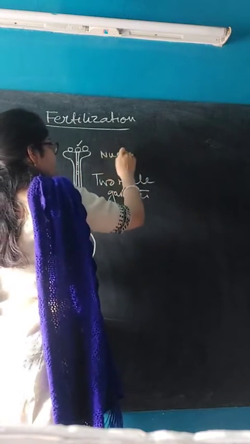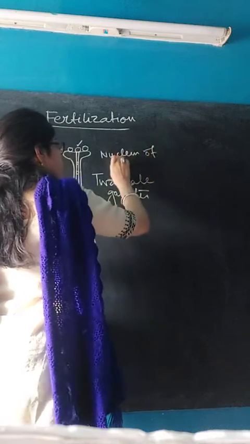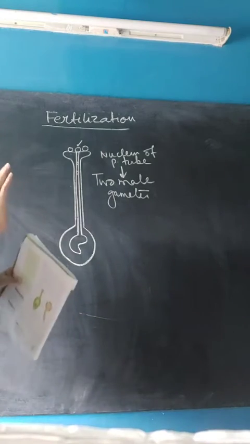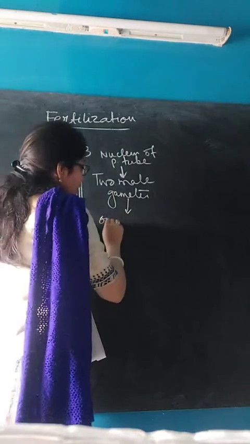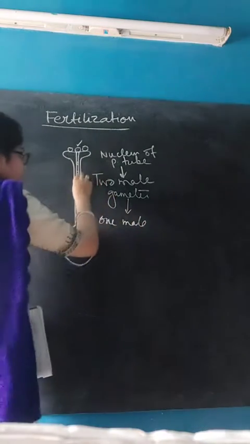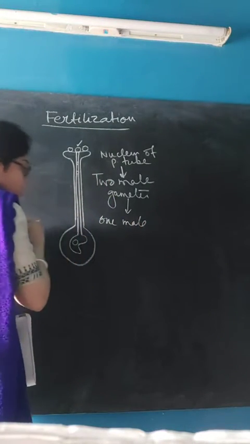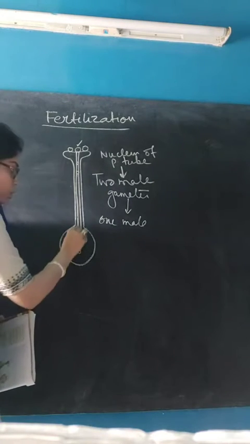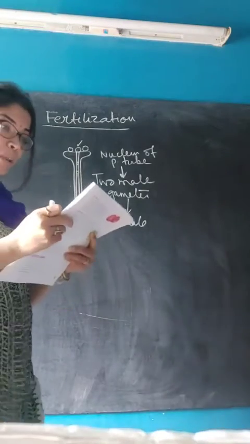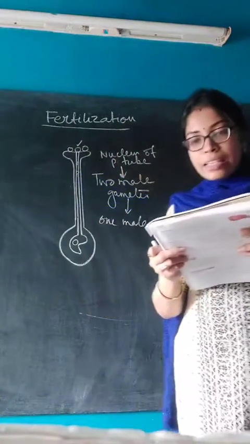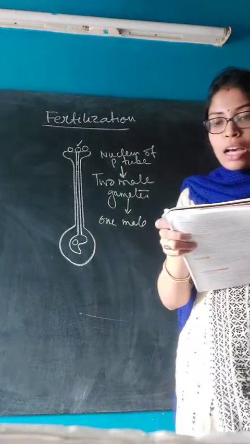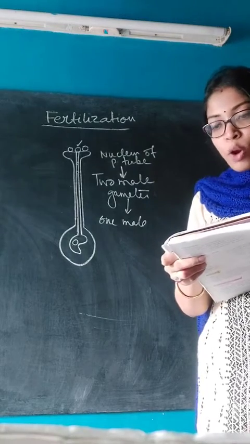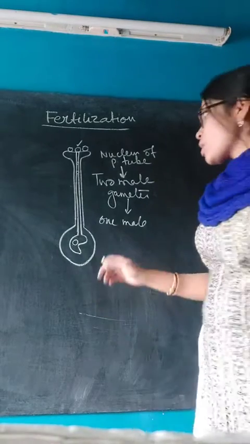From the nucleus of the pollen tube, two male gametes will be formed, and then one male gamete will reach downwards and fuse with the female gamete, which is the ovule, inside the ovary, and then the fertilization will take place. A male gamete or male sex cell travels down and fuses with the egg cell or the female gamete inside an ovule. The process of fusion of male gamete with the female gamete is known as fertilization.